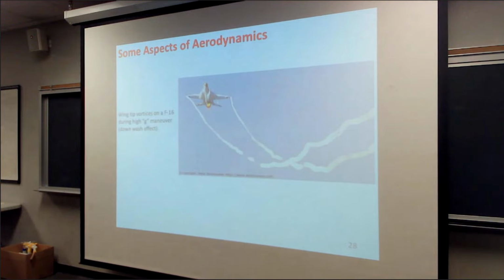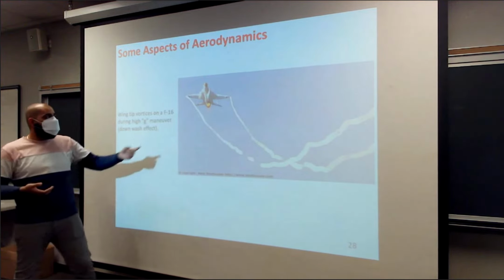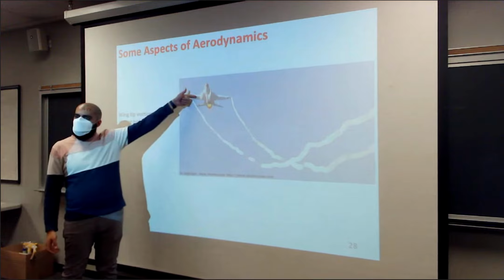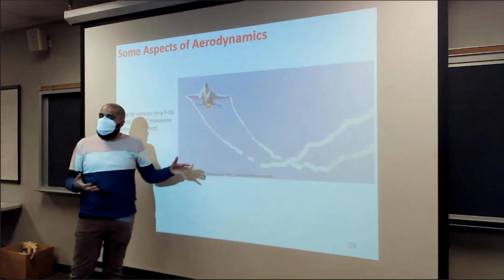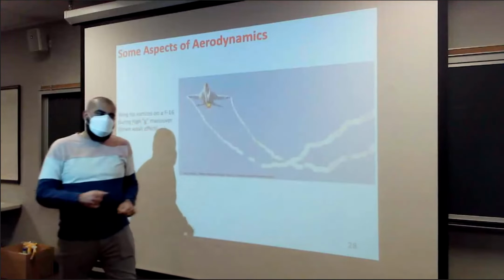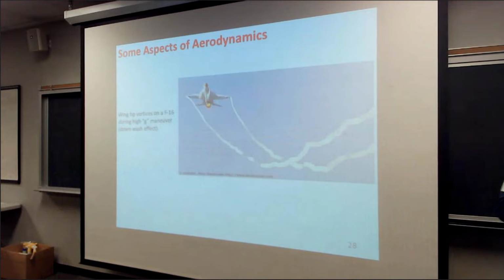It essentially means that the higher pressure air from beneath the wing is going to move to the top, and this is going to cause some vortices when the air leaves the wing, okay? But we're going to talk about all of these phenomena later on in the course. Especially downwash is going to be the topic of one whole chapter.